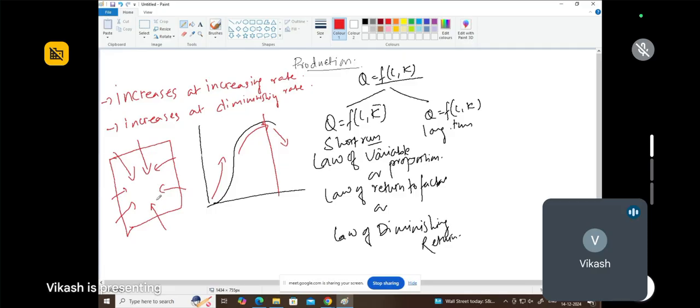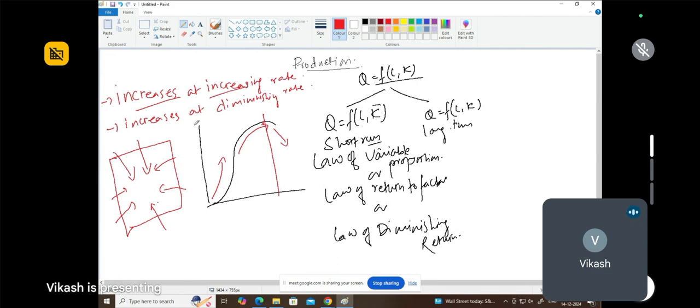Initially, if there is one person working under the big capital, that one person is able to do some production, but that is very less. As the team members increase in the production process, more and more return the organization gets. So it increases first at increasing rate.